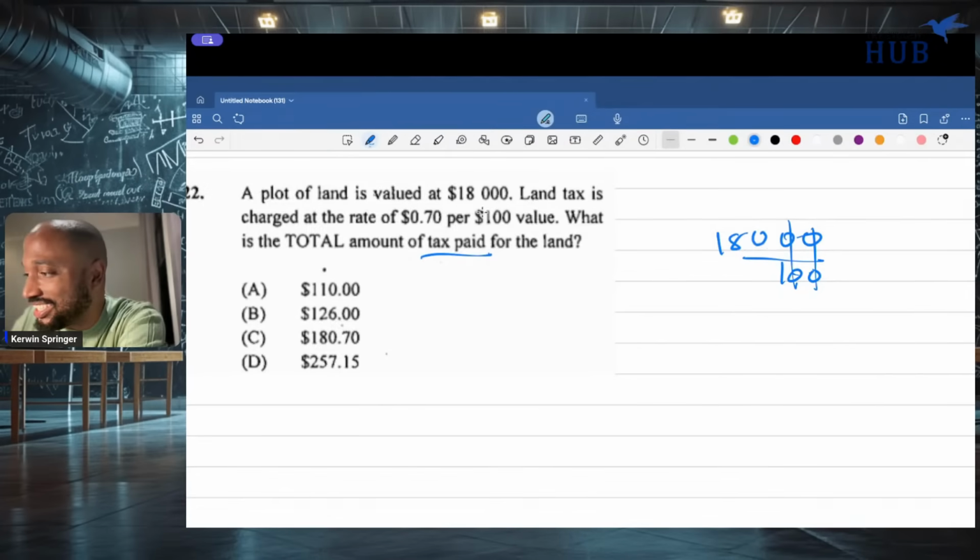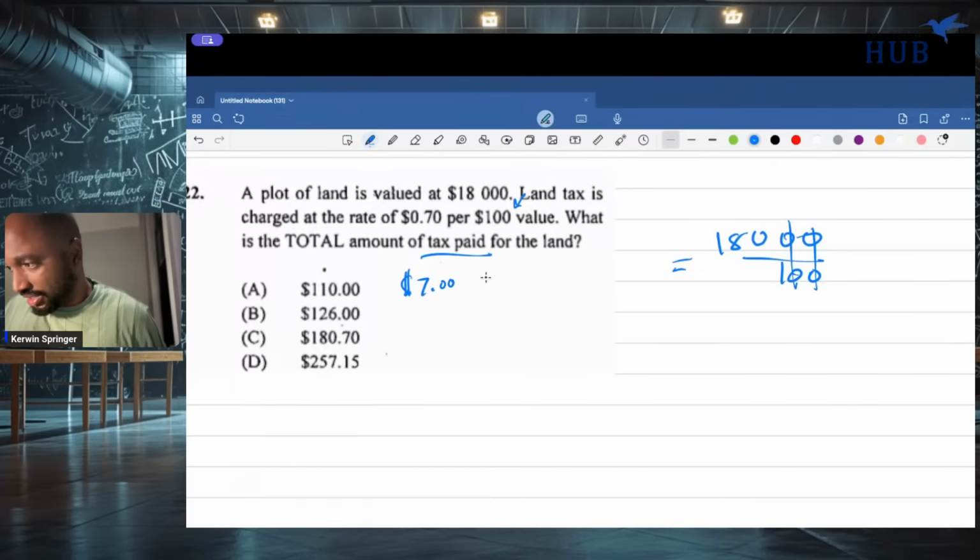So 180 groups of 100 in this. But there's another way to do it. If this is $7, this is $1,000. So for every $1,000, $7 off. So you do 180.